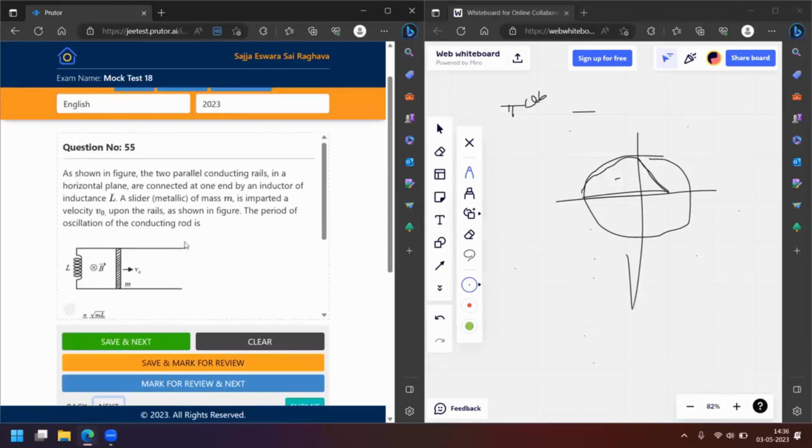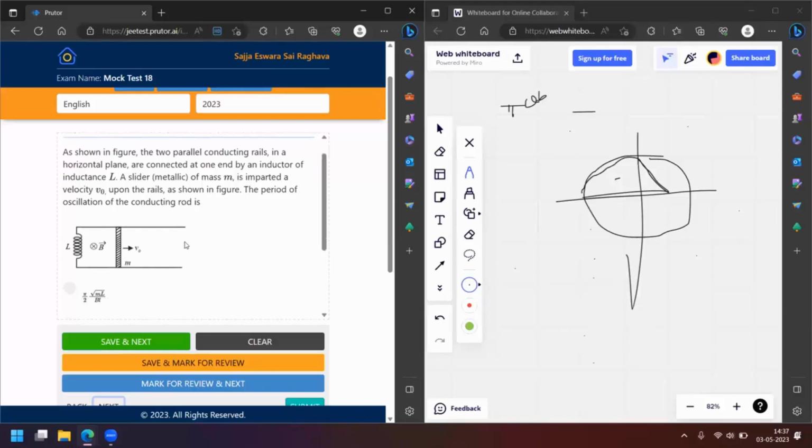Next question. Two parallel conducting rails are connected at one end by an inductor. The slider is imparted a velocity v upon the rails. Assume the period of oscillating motion of the conductor. So first we have to equate the force.